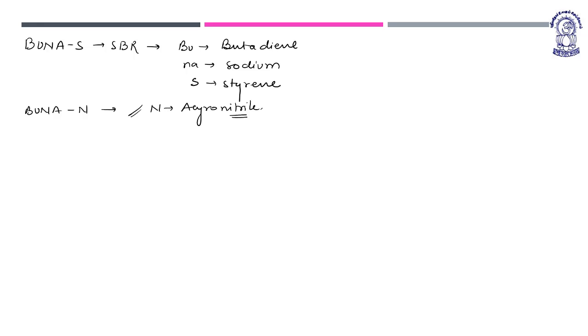Now we will be discussing low density polythene and high density polythene, as we have already discussed in the classification part. They are very important polymers which are used nowadays. So these are addition polymers.